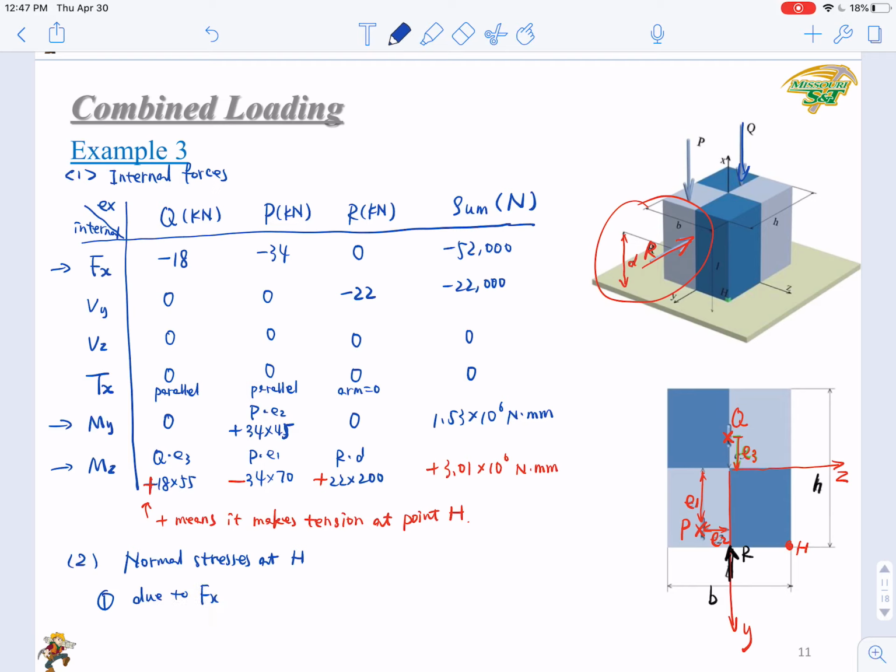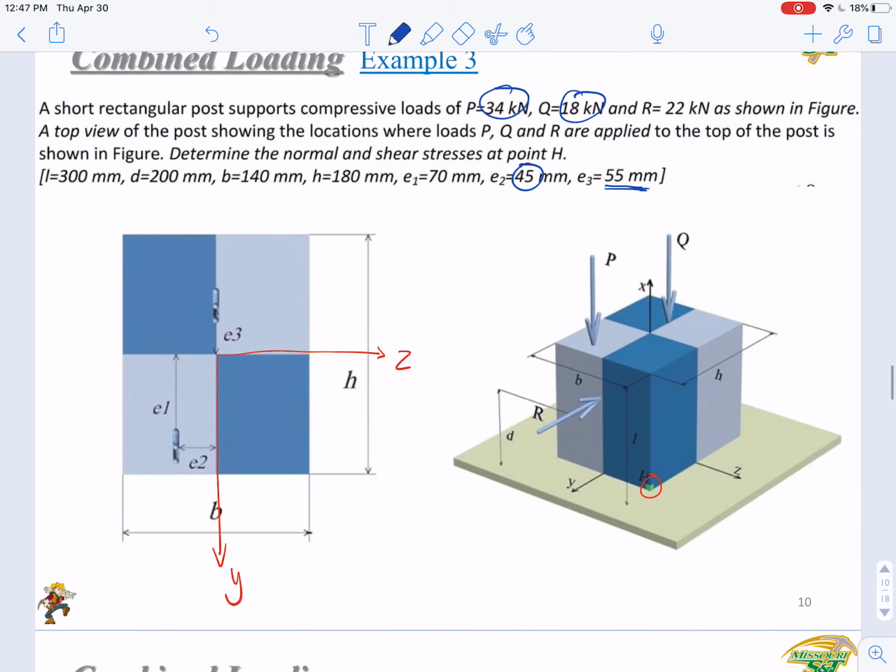Due to Fx, sigma 1 just equals F over A, right? The F is negative 52,000 over the A. The A is 180 times 140. This is 180, 140, okay?